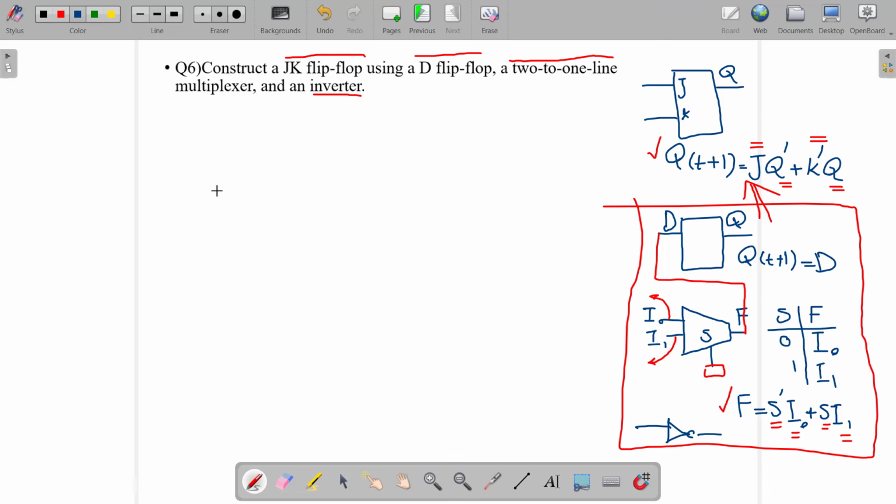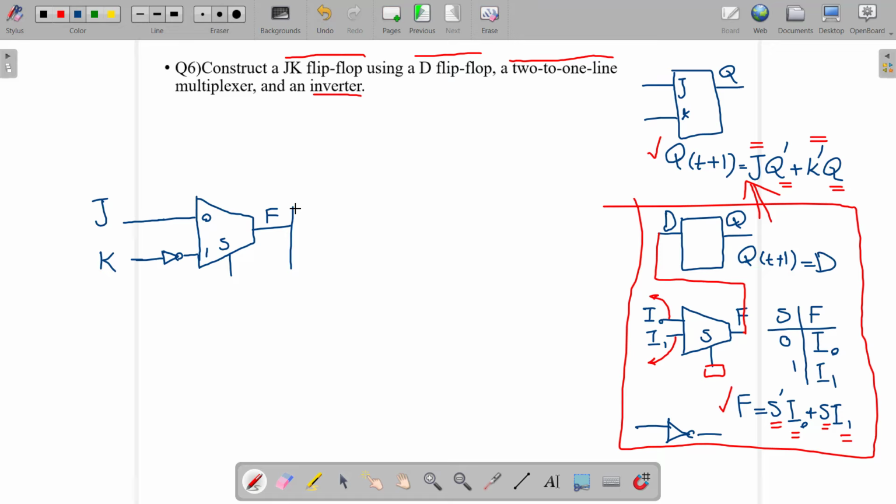So at the beginning, I have one multiplexer in this form, 0, 1, S, F. Connect the I0 directly to J, and connect K using the NOT gate to produce K'. Here will be K'. I could produce here the JQ' plus K'Q.